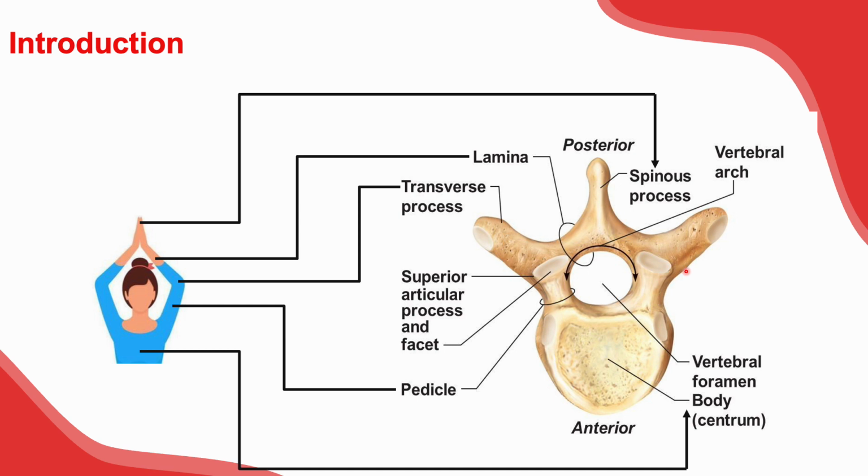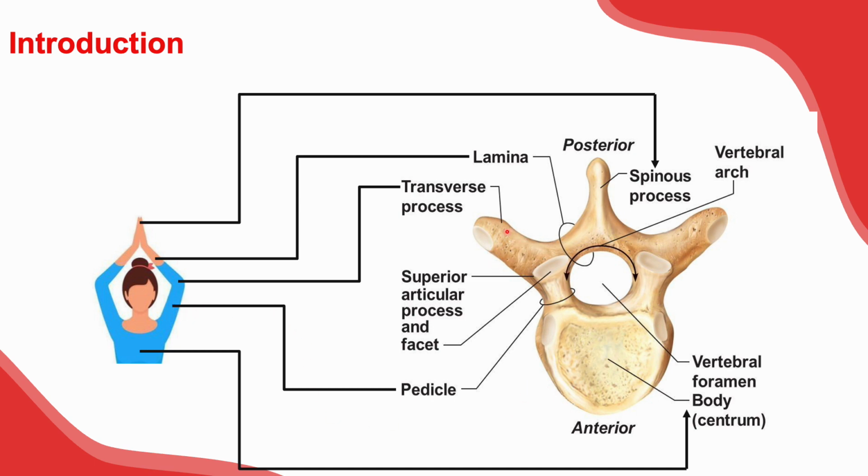This right here is the basic structure of a typical vertebra. And this yoga position simplifies the basic structures that you need to know in this vertebra. So the body of the vertebra is the body here as well. And then from the body, you have 2 pedicles, resembled here as the arms.